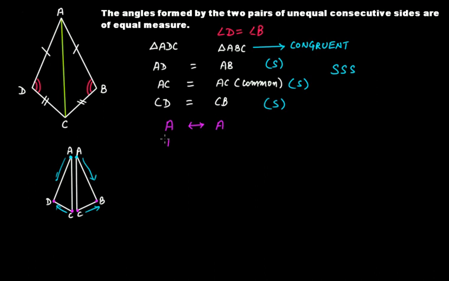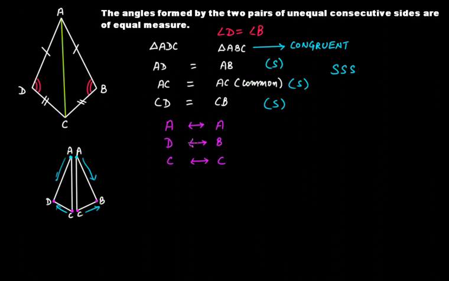Then D of triangle ADC and B of triangle ABC are corresponding vertices, and the C of triangle ADC and vertex C of triangle ABC, these are the three corresponding vertices.